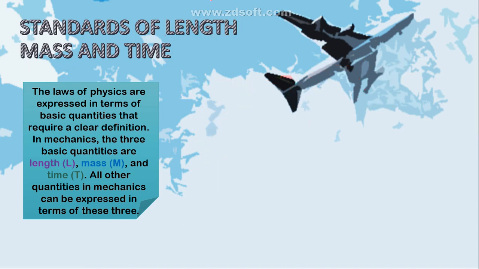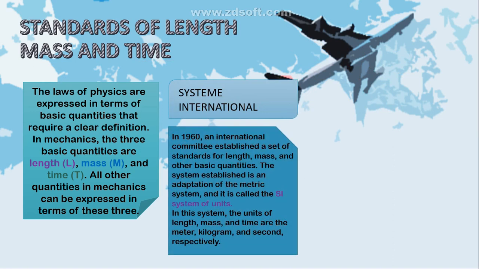So for conversion of units, we have two systems of measurement. The first one is the System International. This is the committee that established what we call the SI system in 1960, or what is most popularly known as the metric system.